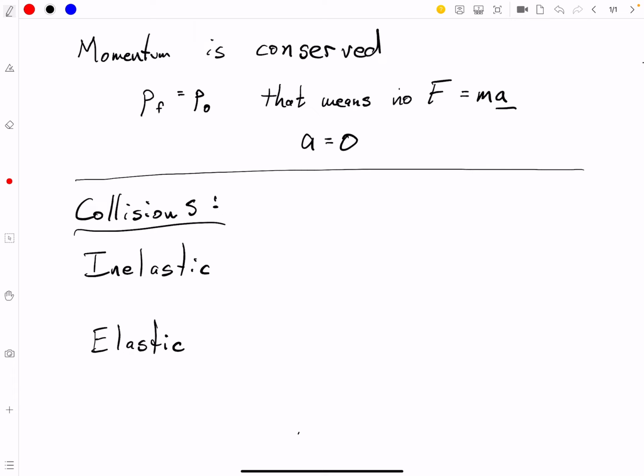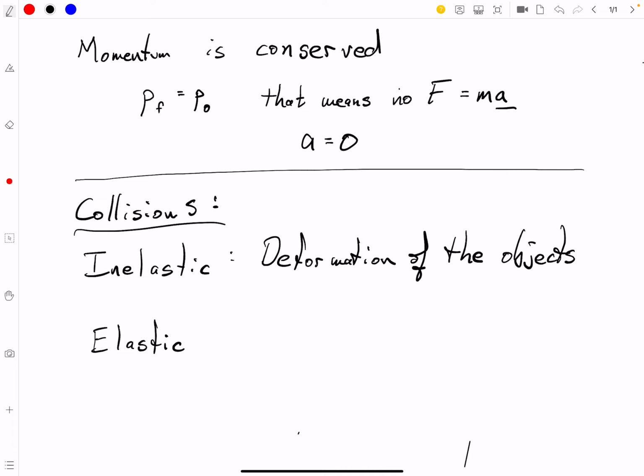So in an inelastic collision, there's a deformation of the colliding objects, one object or both or whatever. So the deformation of the objects requires or forces us to have a delta kinetic energy that is not equal to 0.